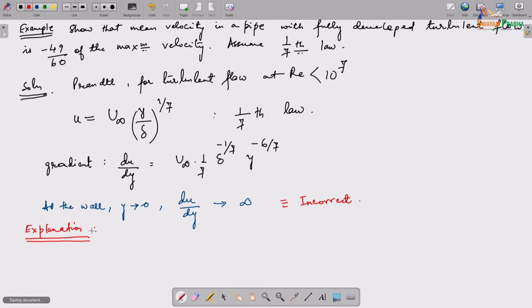So, let me actually first draw that. Essentially what we are saying is that at some location you do have a boundary layer profile. This is the velocity.